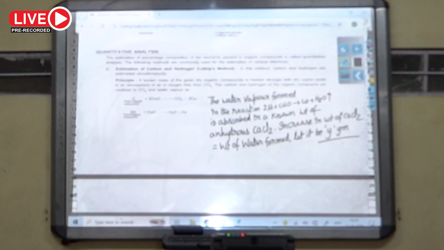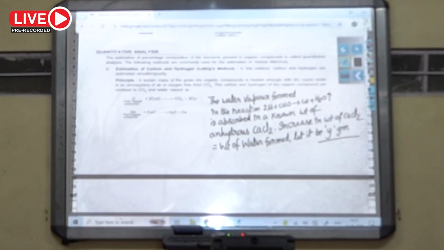So when you are heating the given sample with cupric oxide, whatever the hydrogen is present is converted into water vapor. This water vapor, what we are doing? We are absorbing in a known weight of anhydrous calcium chloride. A U tube is packed with calcium chloride. The U tube is connected to the test tube.